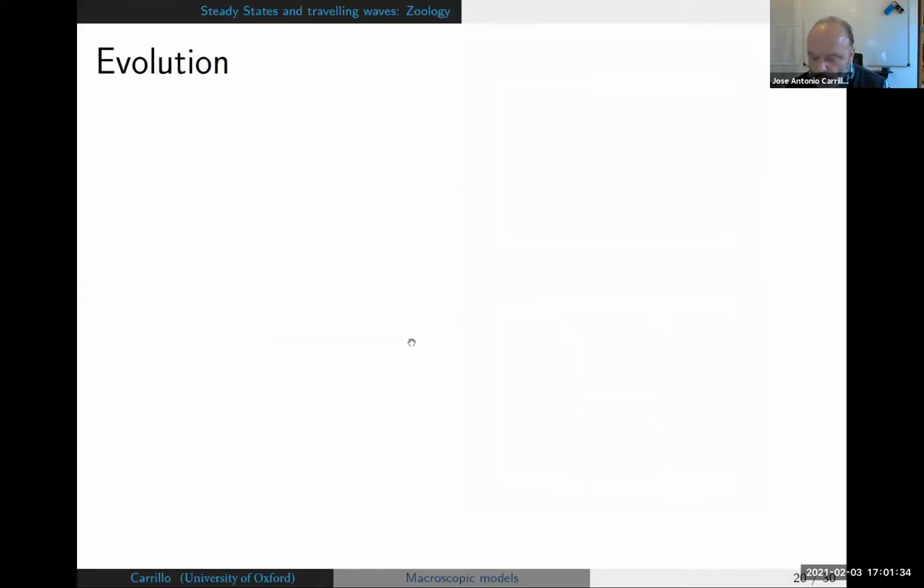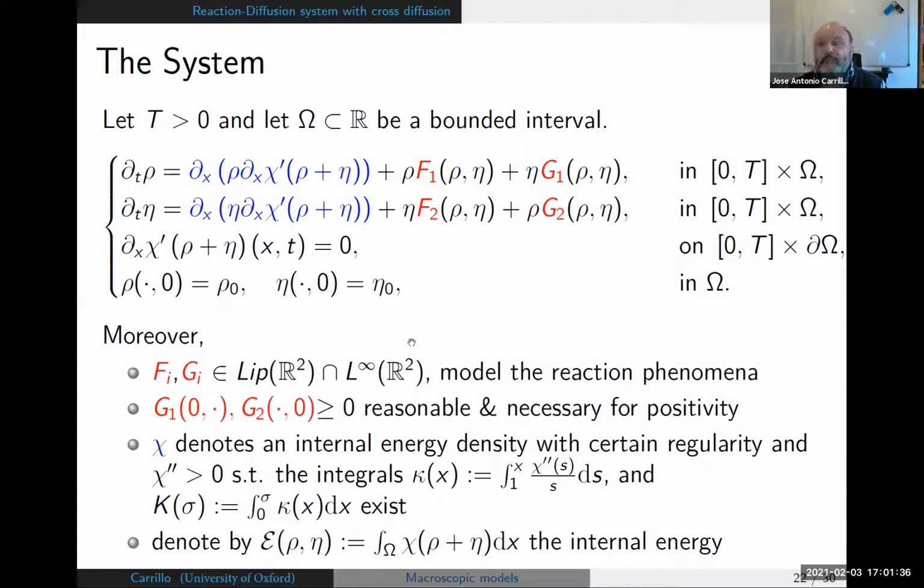Okay, so in fact, we look at the system with general population pressure instead of just the sum, with any general nonlinearity here, and also with reaction terms. I'm not going to discuss too much the mathematical analysis of this system, but we were able to analyze this well, at least in one dimension.